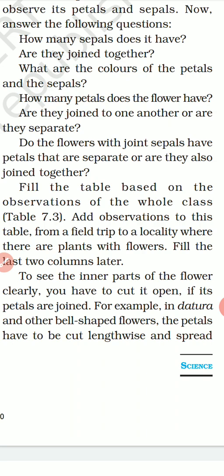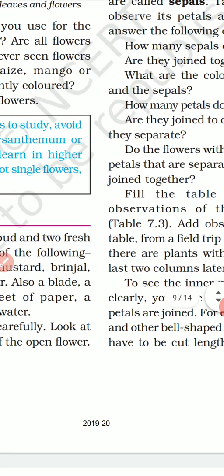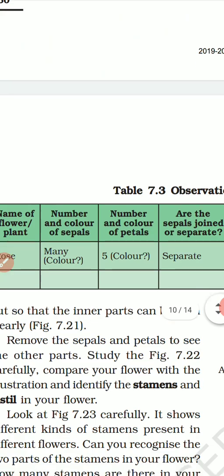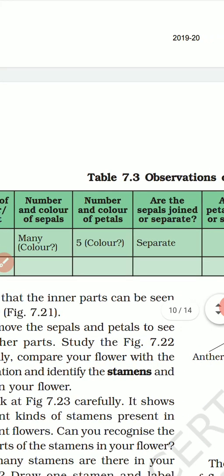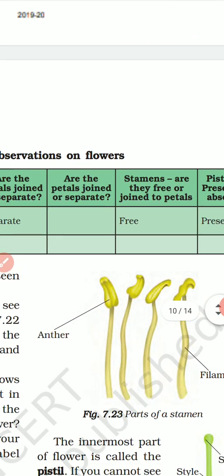If the petals are joined, for example in Datura or any other bell-shaped flower, the petals are joined, which is why they form a bell shape. The petals have to be cut lengthwise and spread out so that the inner parts can be seen clearly. It is better you take the jaswant flower, that is China rose as we also say. Here, the name of the flower, this table has to be filled by you, and leave these last two columns, okay children.